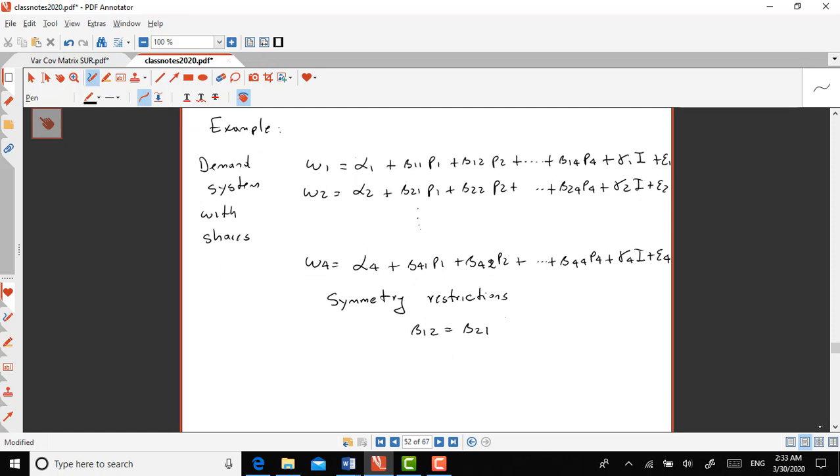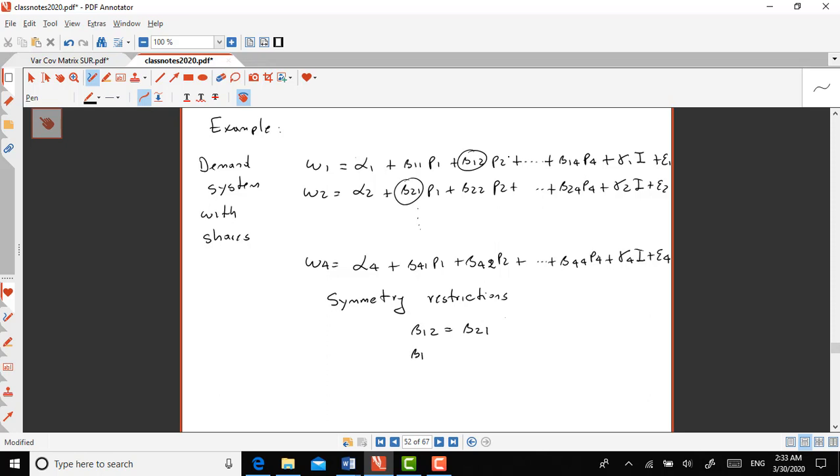What's going on here is the effect of price of the second good on the first good has to be equal to the effect of the price of the first good on the second good.